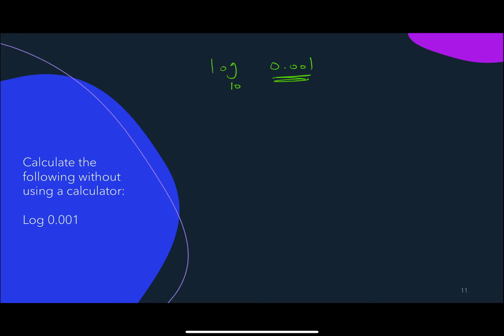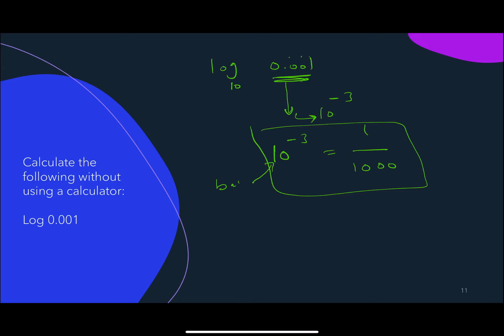And now this is another one, log 0.001. I will just say this is my base. So 10 to the power of x gives me this value. So 10 to the power of 1, 2, 3, minus 3. When you want to express this, you could learn how to express it in the form of base to the power of an index.